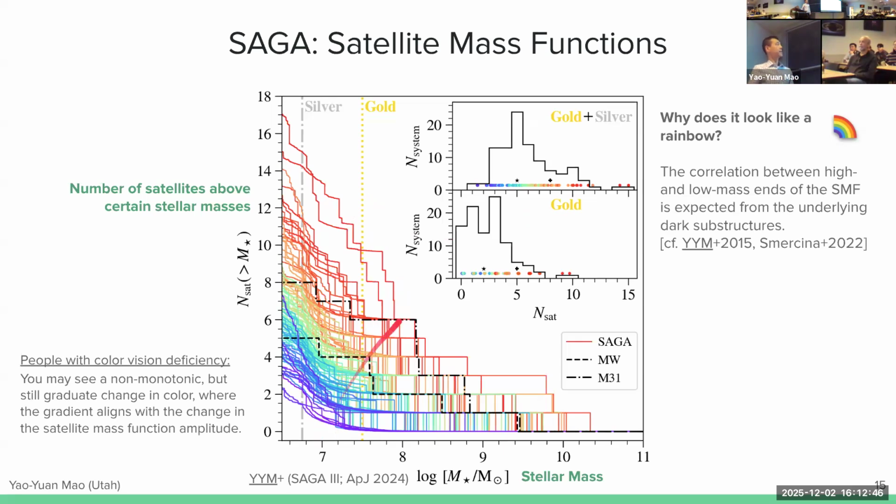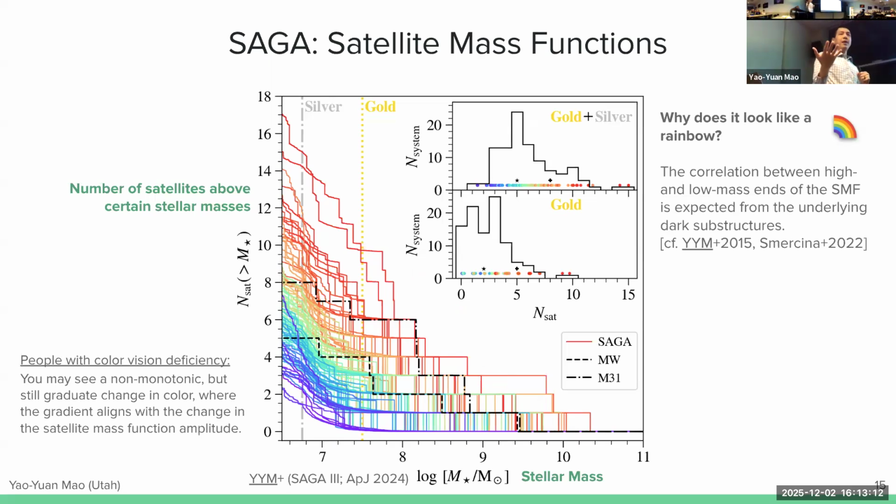That itself is scientifically interesting, because the fact that you see a gradient rather than everything mixed together is saying that if a system is more likely to have a high mass satellite, it's also more likely to have more satellites at a given mass limit. So the slopes do not always cross each other. They are like a scale length.